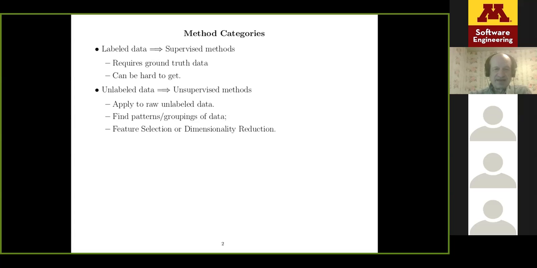The unsupervised methods come under different categories. One is to try to find patterns or groupings that are hidden in high dimensional data. The other one is to try to reduce the dimensionality. A lot of data that you get is tabular data. For example, with images, for each image you have all the pixels, and you just lay them out in a row.